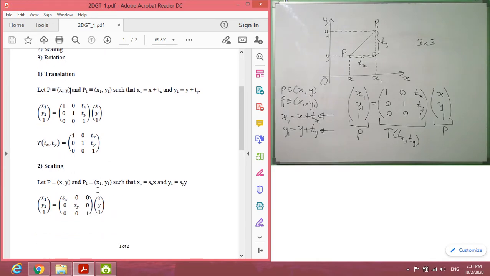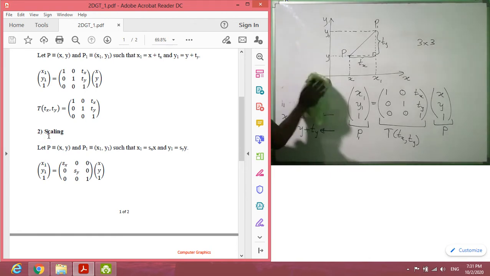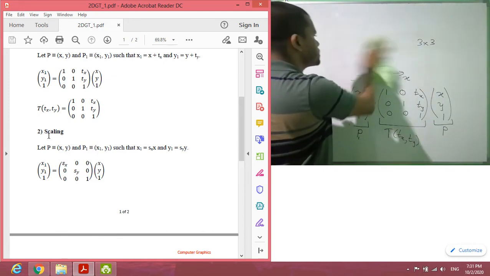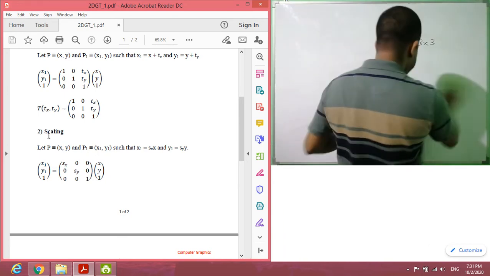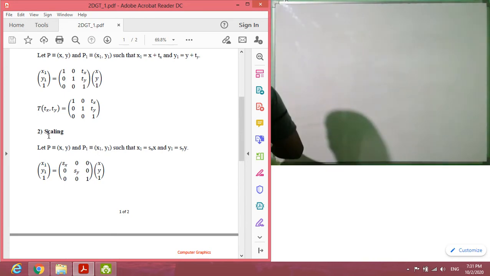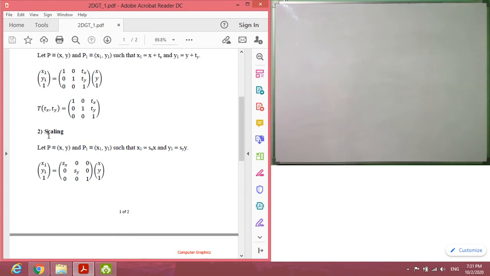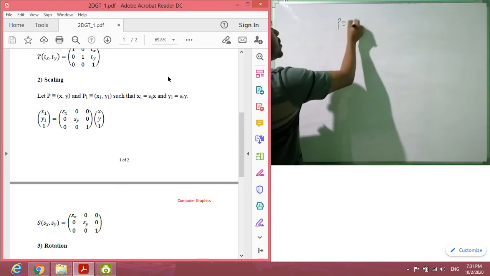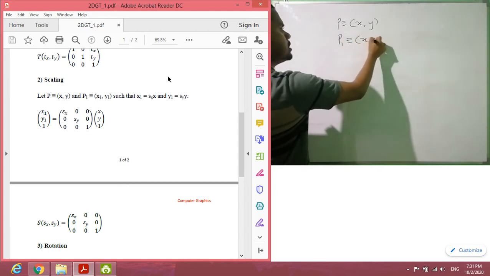Now let's move to scaling. We have a point P. The coordinates of it are x, y, and of P1 are x1, y1.